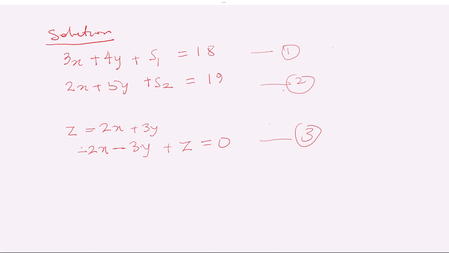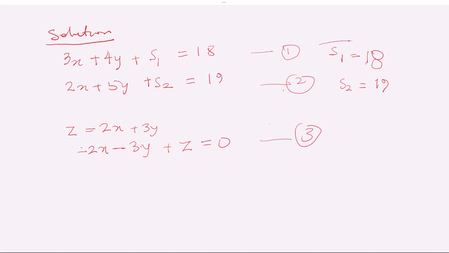So here from equation 1, s1 equals 0 when x equals 0 and y equals 0. From here, s2 becomes 18, sorry, it becomes 19 here.